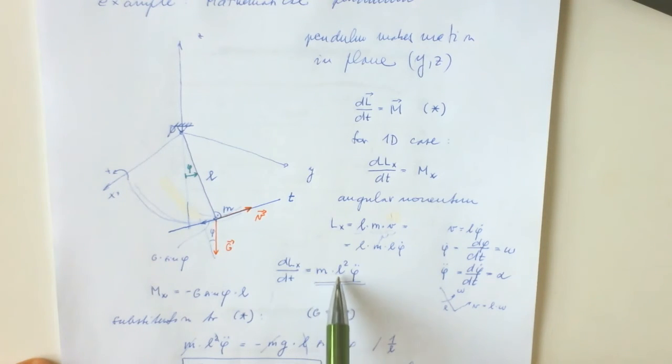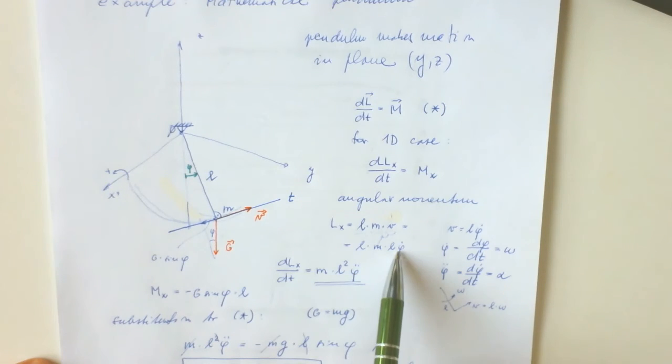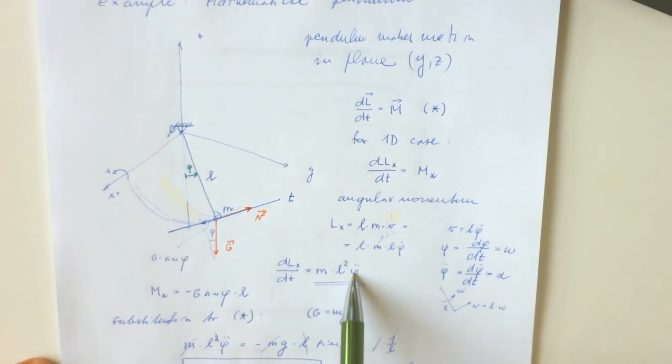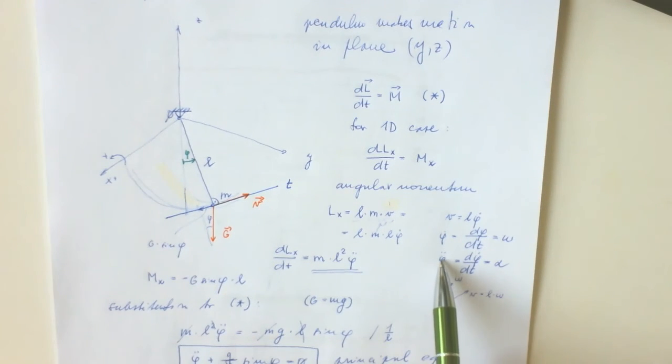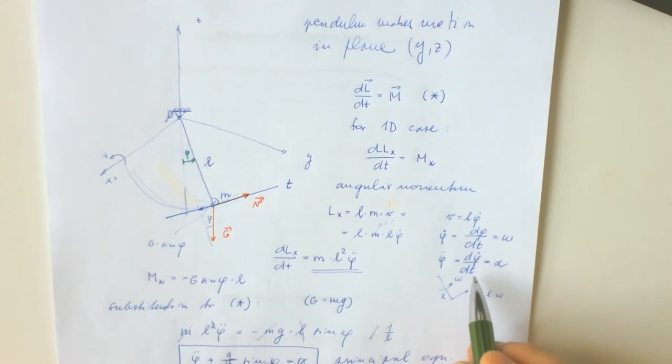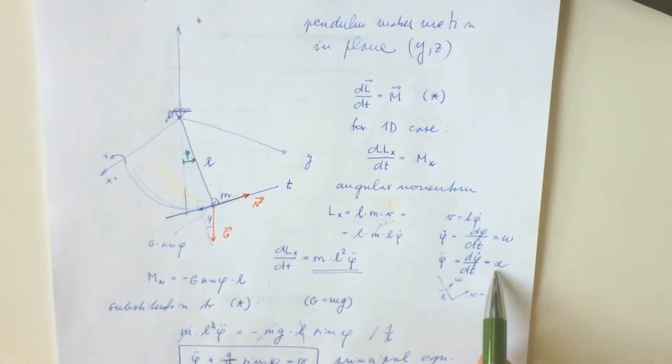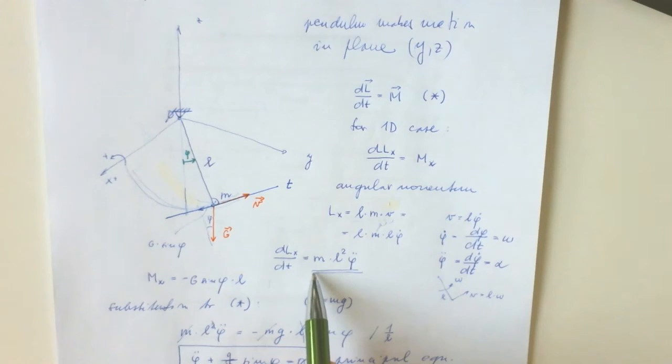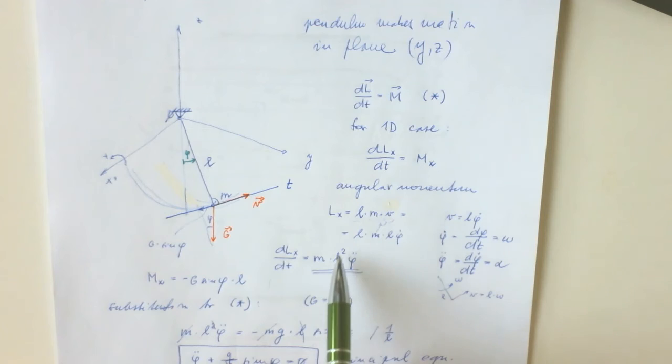There is mass, there is L squared, and there is the time derivative of phi dot, phi with two dots. It is angular acceleration. Phi with two dots is the derivative of angular velocity, phi with dot, so it is d phi dot over dt. It's angular acceleration. So we got the left side of this equation.